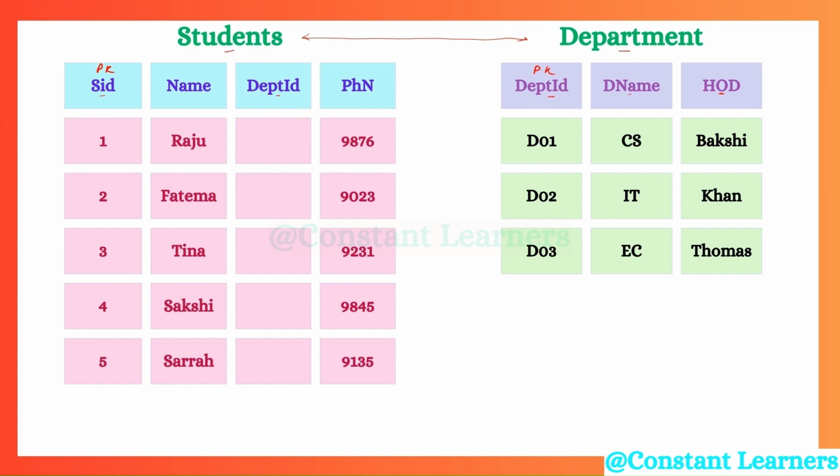And to build this relationship between the students and the departments, we are using this primary key in the students table here, right? So we are using this primary key from here into the students table. And this is how we are creating a link or a relationship between these two tables.